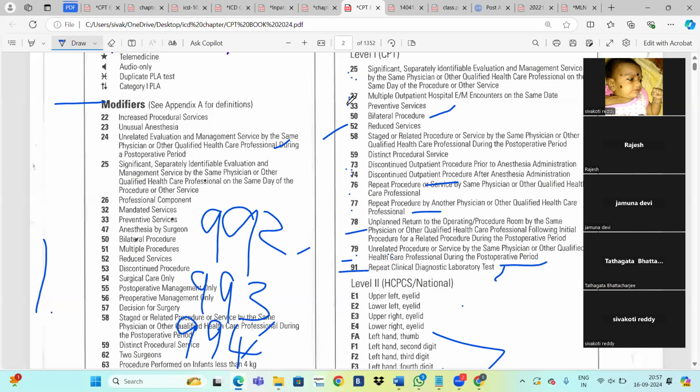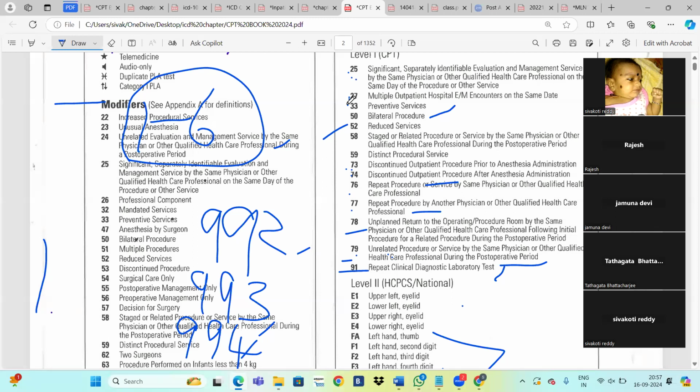When you use the 25 modifier, it means they identified a separate procedure on the E and M day. They are performing an evaluation and management service and identified one separate procedure, like a 1 to 6 series procedure, and performed it on the same day. For example, along with E and M, they did a biopsy on the breast.